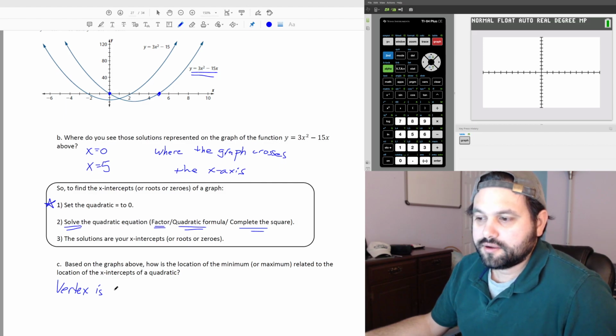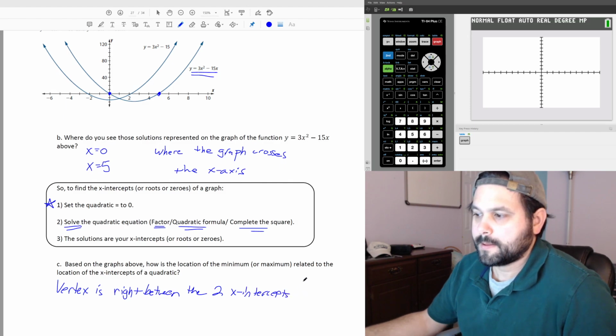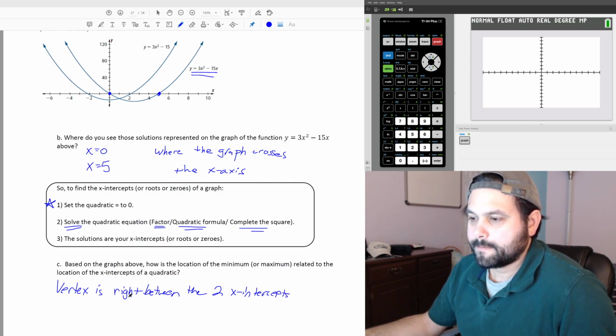Right between the two x-intercepts. Right, directly in the middle, okay?